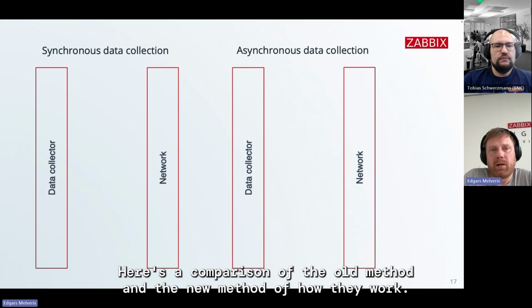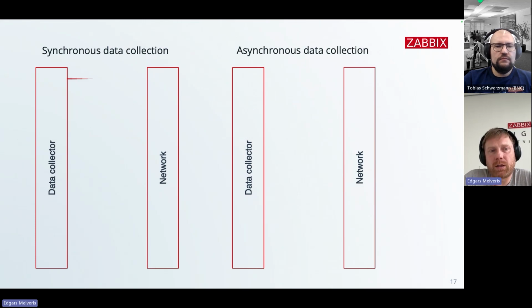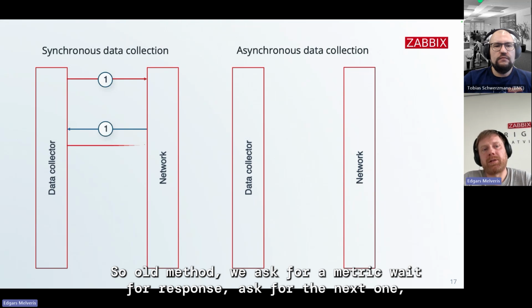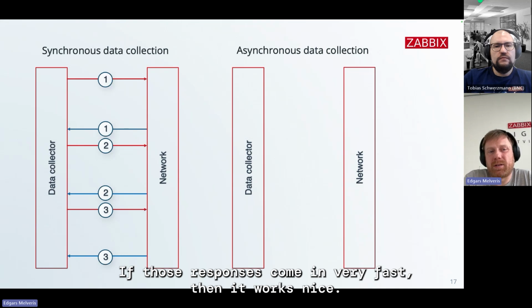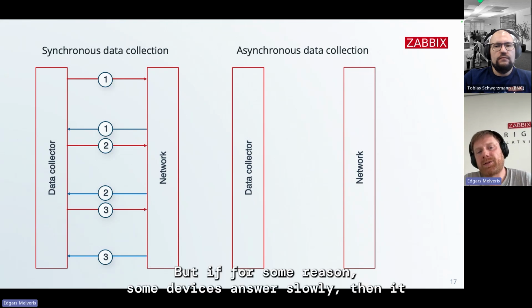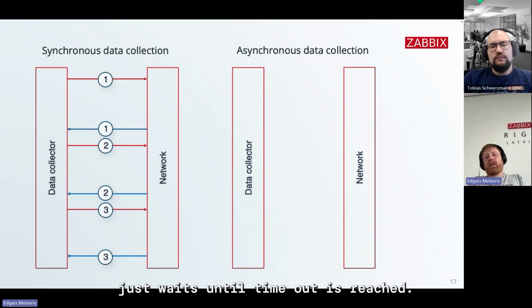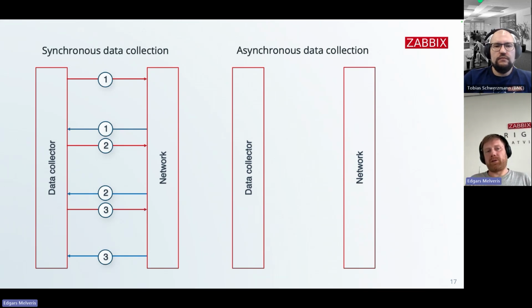And here's a comparison of the old method and the new method of how they work. With the old method, we ask for a metric, wait for the response, ask for the next one, wait for the response, and so on. If those responses come in very fast, then it works nicely. But if for some reason some devices answer slowly, then it just waits until the timeout is reached.